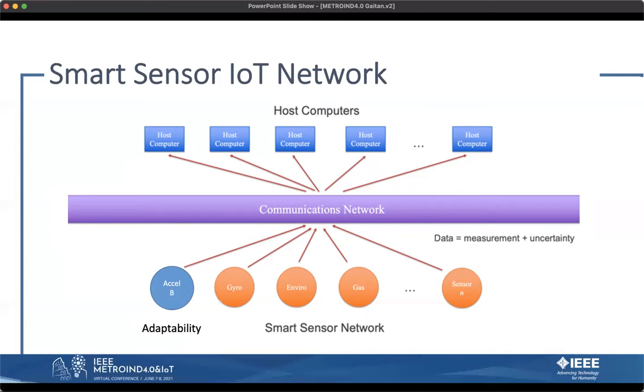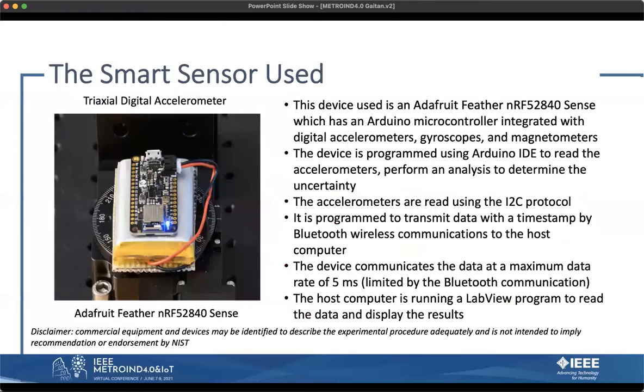If we swap this out with another accelerometer, say of a different model or a different type, is it possible then that the communications protocol itself will automatically take care of any changes that are needed? And this could make the network more adaptable as well.